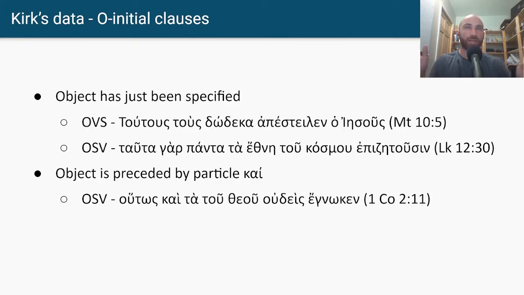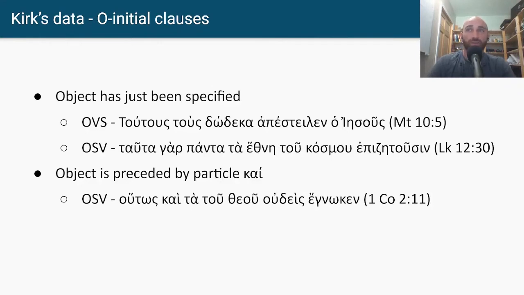But if we look at just those cases where kai seems to be functioning as a focus particle, we can see what it is doing and whether it affects order. The tricky part, obviously, is that kai can also be just a plain old conjunction, so there are some cases where it's difficult to tell.